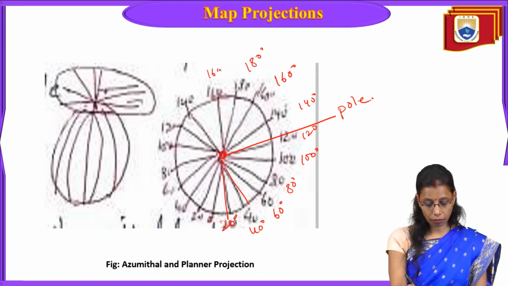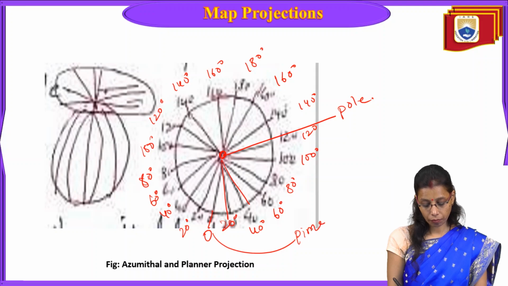Here again you have 160, 140, 120, 100, 80, 60, 40 and 20 degrees. Here 0 is your prime meridian.